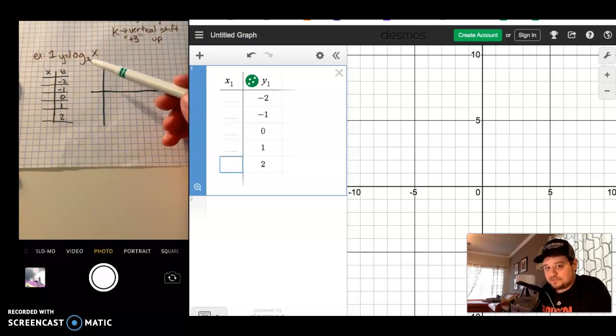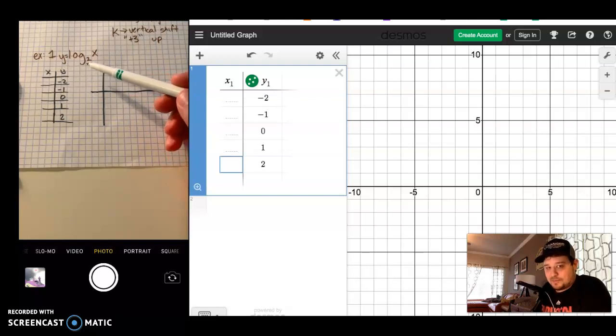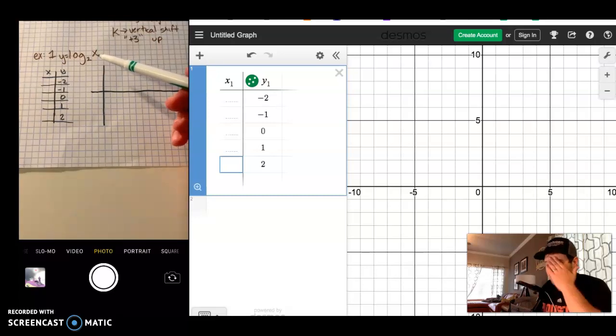So I'm going to have a base of 2, but the exponent on that 2 is going to be the y. Now, it's going to be really hard to sort of work that backwards because you can imagine these x numbers are highly dependent on what the exponent is, right? And so if I was going to try to pick x values, I would actually have to do the work first in order to pick whole numbers that are going to work, right?